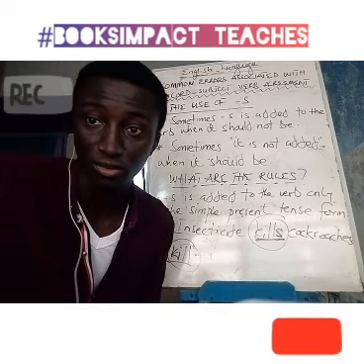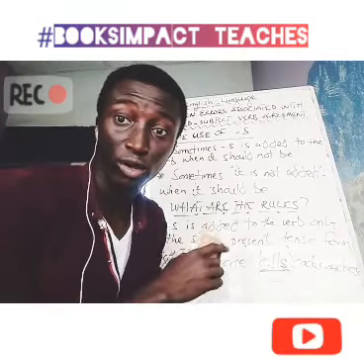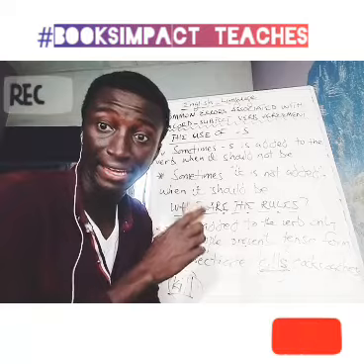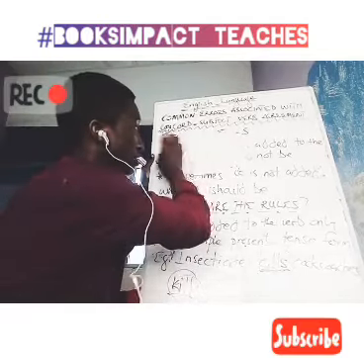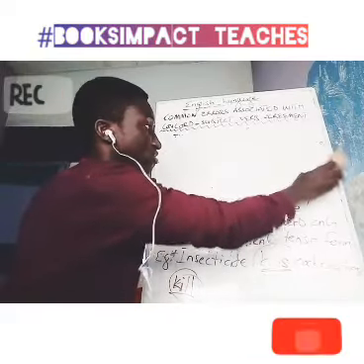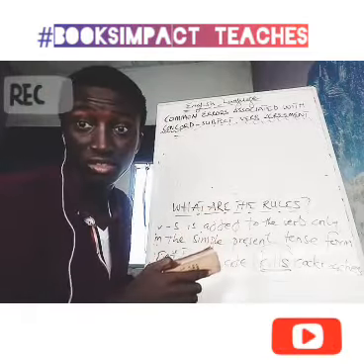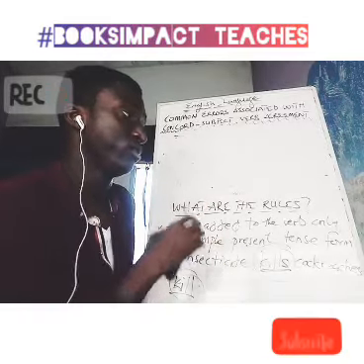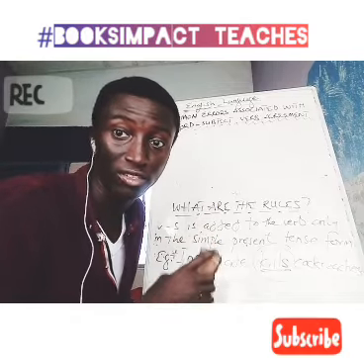Let us quickly look at the second thing you have to consider before you add S to the verb. It is not just about adding S to the verb only when that sentence is in a simple present tense form.